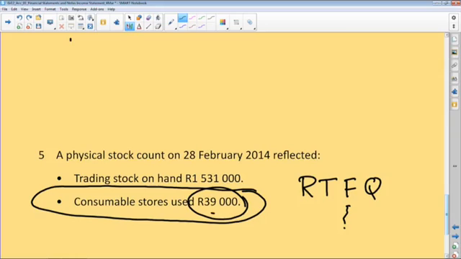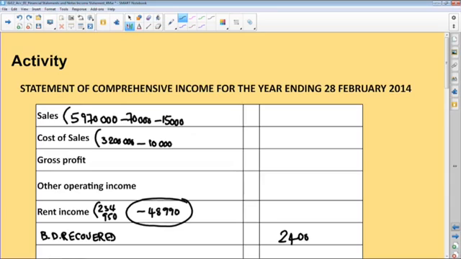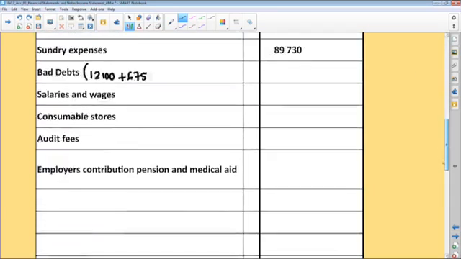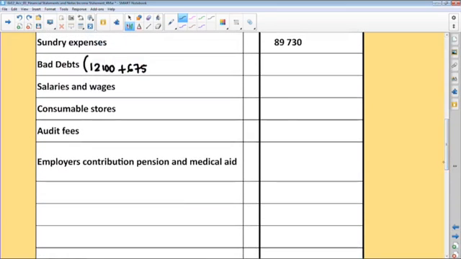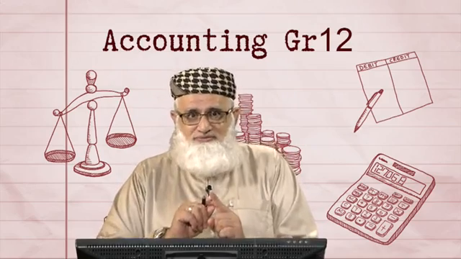Therefore, when you're working in your answer book, immediately you put in the figure here, consumable stores, 39,000 Rand. They are telling you the actual amount of consumable stores that had been used.